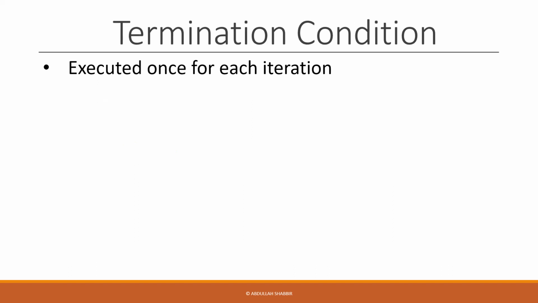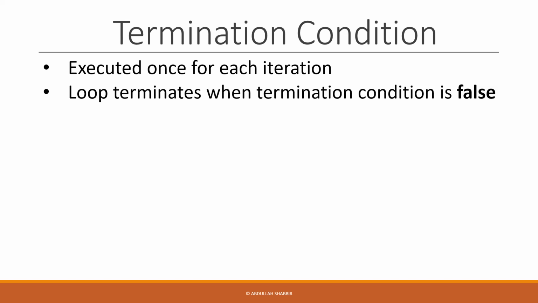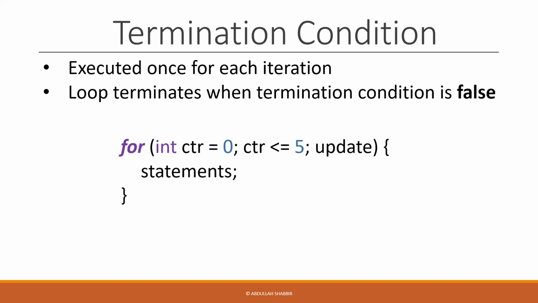The termination condition is evaluated once for each iteration before executing the statements defined within the body of the for loop. The for loop terminates when this termination condition evaluates to false, and this block looks something like this. Here I have written a condition that says ctr is less than 5.